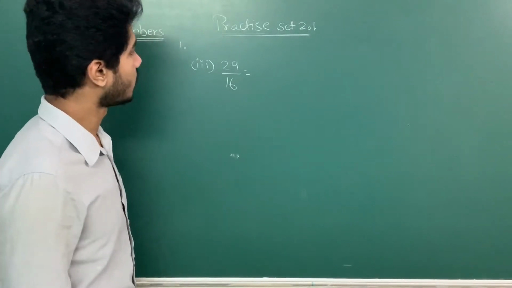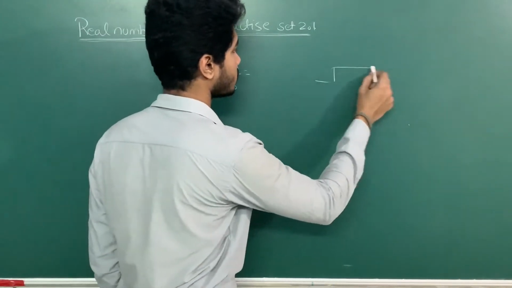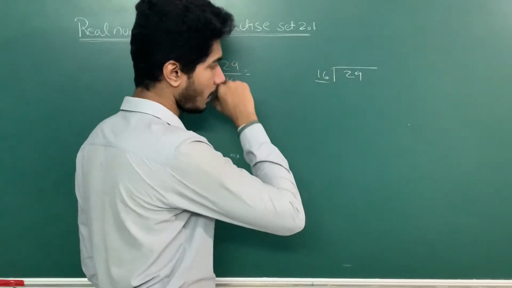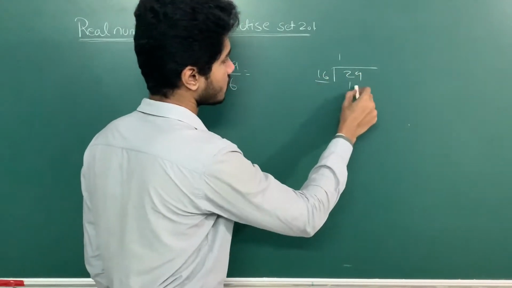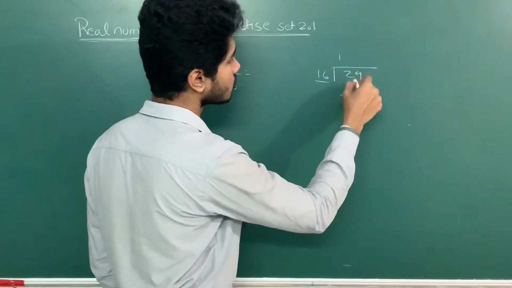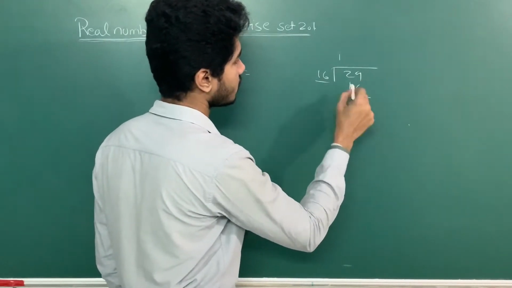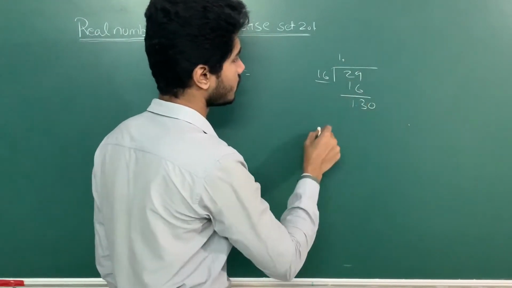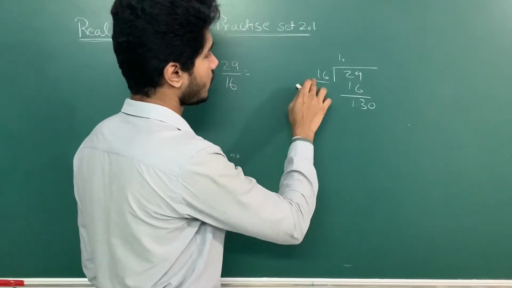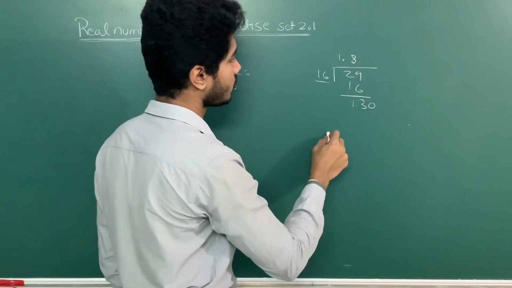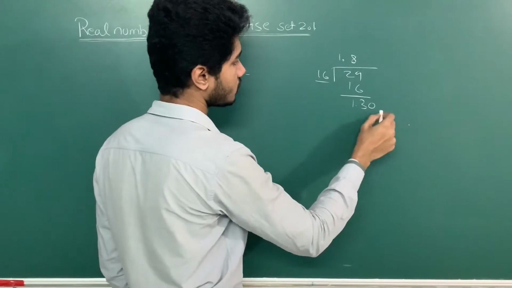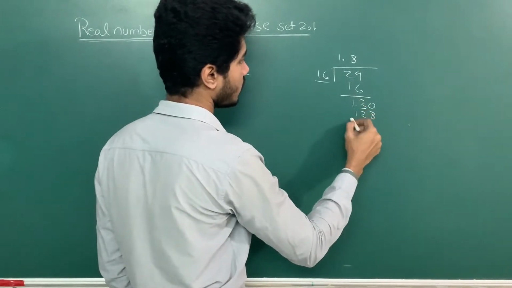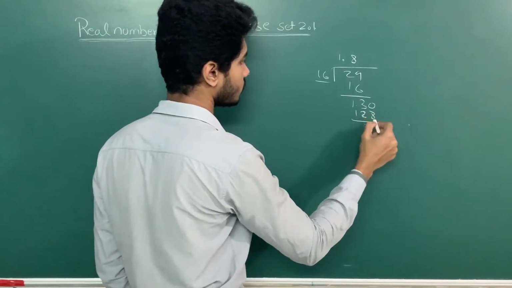Question 3, 29 upon 16. You can divide this, 29 upon 16. So 16 ones are 16. You get 1 and 13. You take a decimal, you get 130. Then you can take 8s, you get 128 and you get 2 over here.